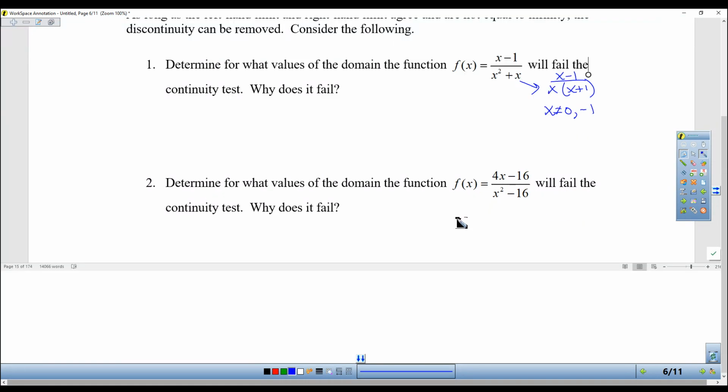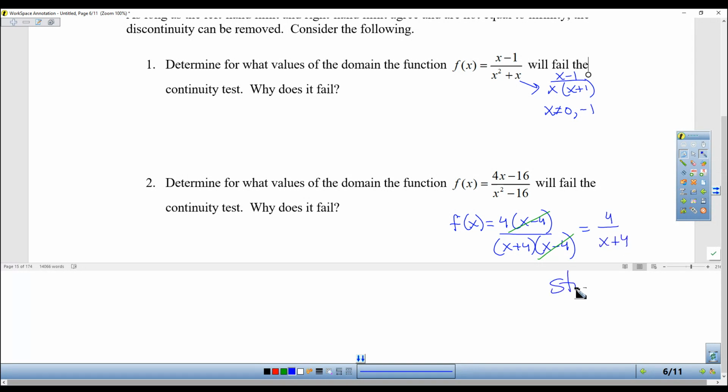This next one has some hope. Let's look at it. I can take out the 4, and then I can factor the bottom, x plus 4, x minus 4, and now I can do a little canceling, but I still couldn't get rid of the discontinuity.